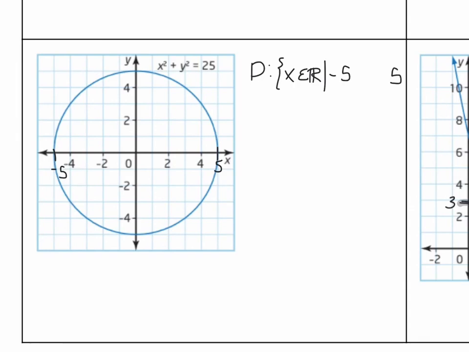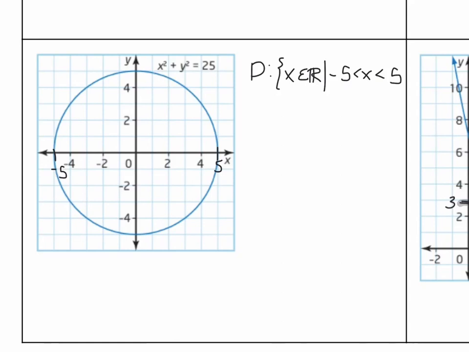And in between, you're going to put the letter we're talking about. In this case, it's x. And then you have to put 2 less than symbols. What this means is -5 is always going to be less than x, and x is always going to be less than 5.